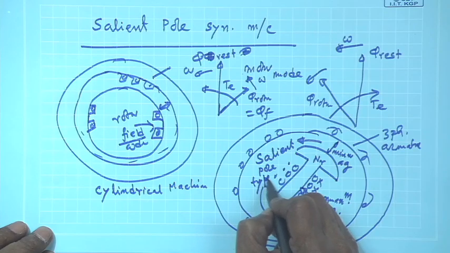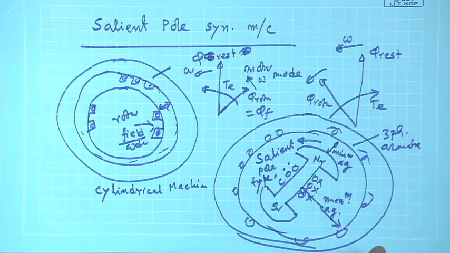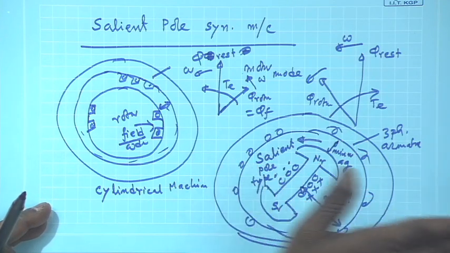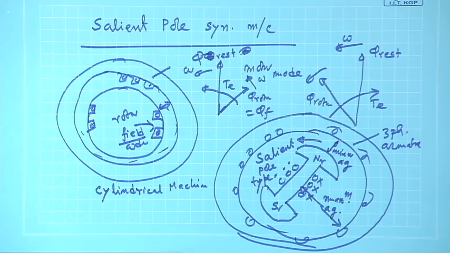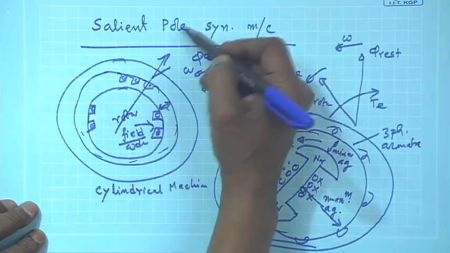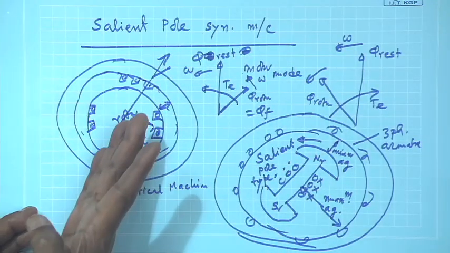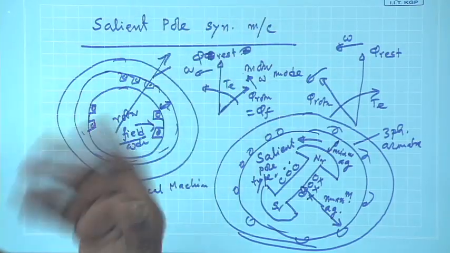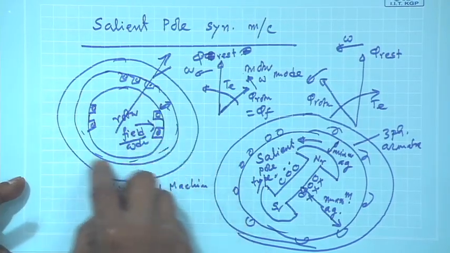It looks very difficult apparently, because the armature MMF, you recall, can be placed anywhere depending upon the degree of loading. In the cylindrical case there was no problem: let the armature MMF be here, then the flux produced will also be maximum along the same line, where the air gap is minimum.